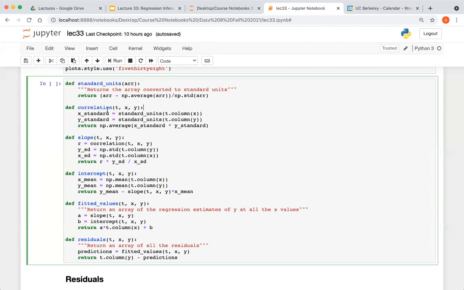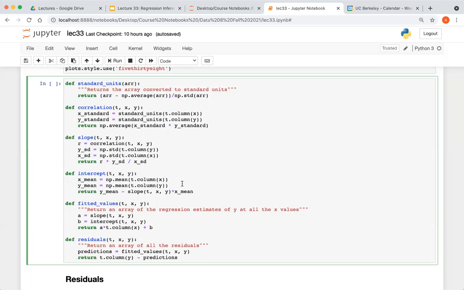The correlation function takes a table, the X and Y columns, and returns the correlation between X and Y by following the formula: you convert both to standard units, take the product, and then take the average. The slope function has the same three arguments and returns the slope of the regression line for predicting Y based on X. The first argument is the one you're given, and the second is the one you're trying to predict. Intercept, same thing, but it returns the intercept.